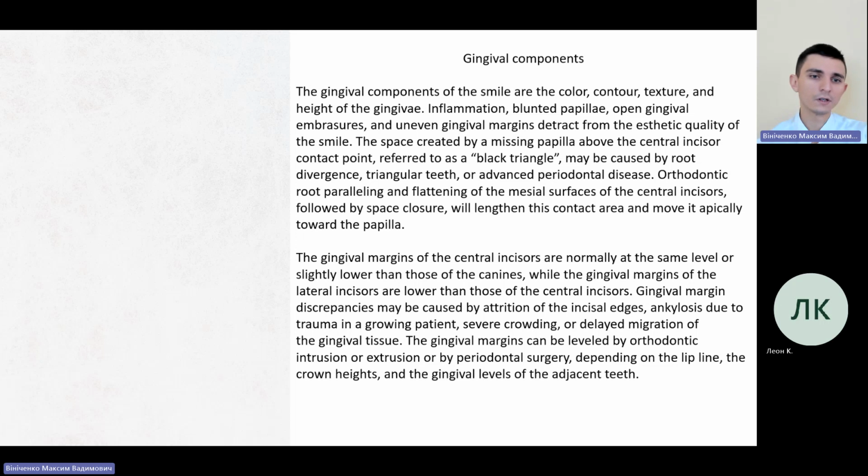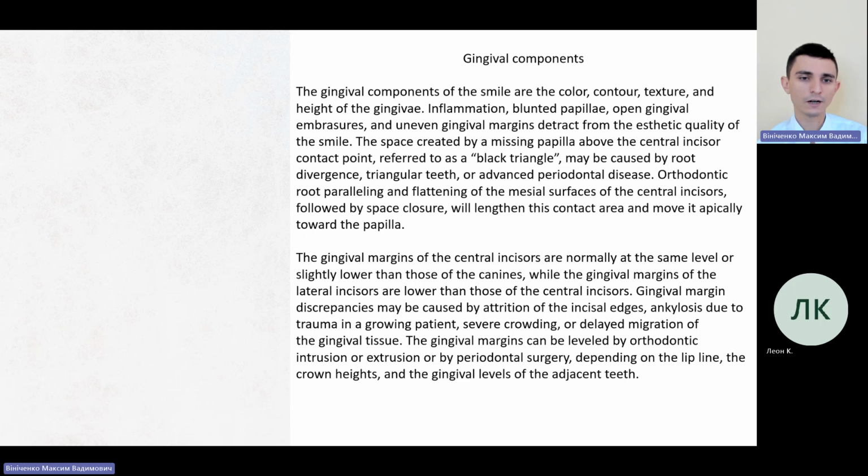Gingival components. The gingival components of the smile are the color, contour, texture, and height of the gingiva. Inflammation, blunted papilla, open gingival embrasures, and uneven gingival margins detract from the aesthetic quality of the smile.